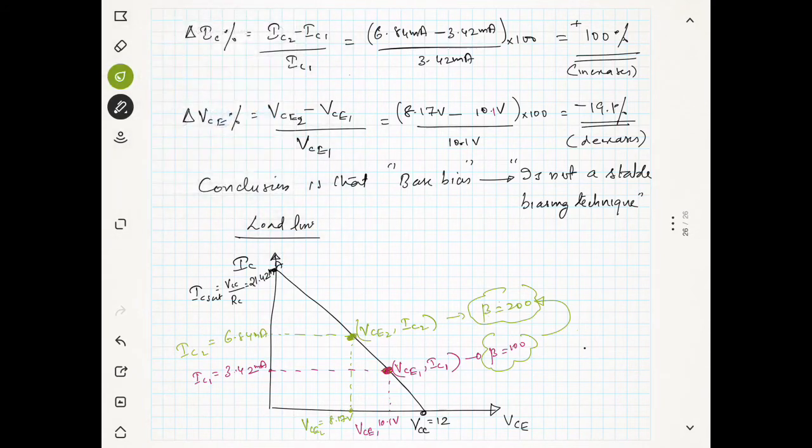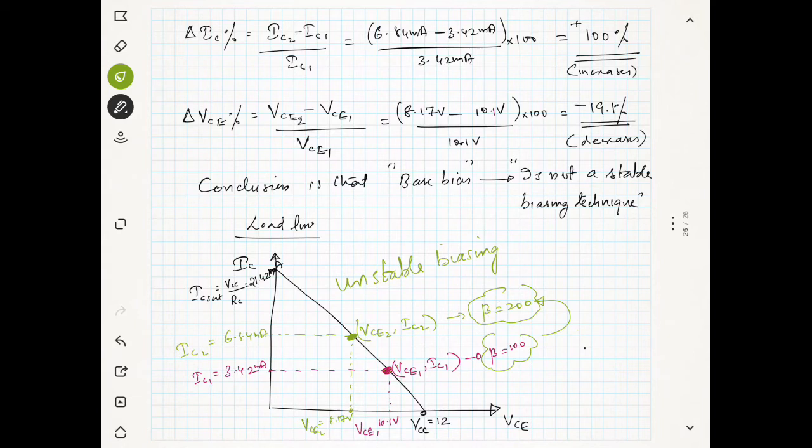So that's why this is unstable bias. I hope that this is clear. Now we want to make it stable, right? So for making it stable, we will do something.